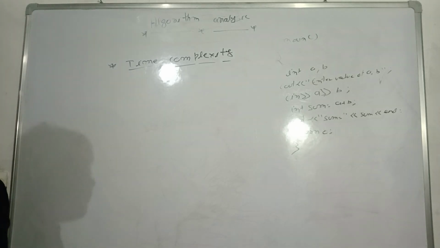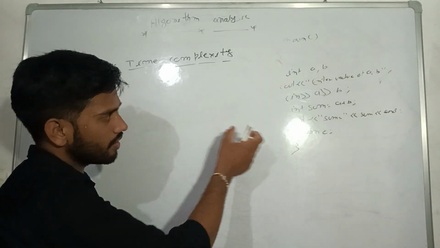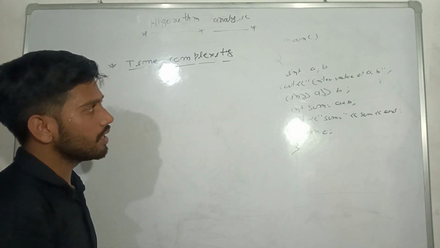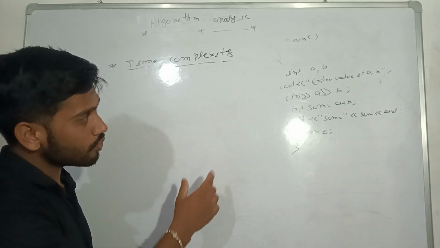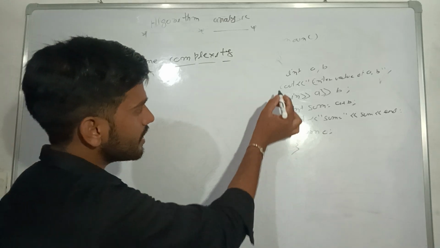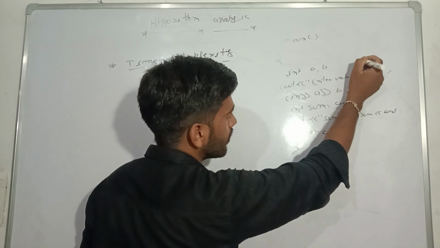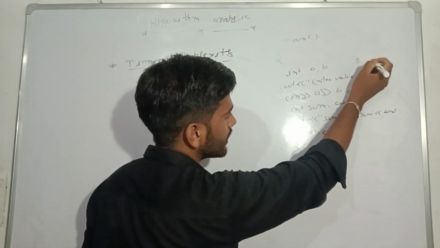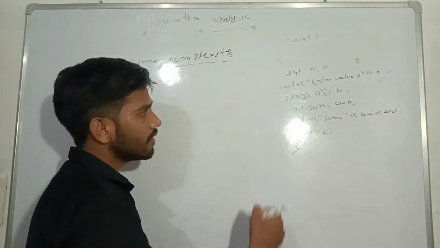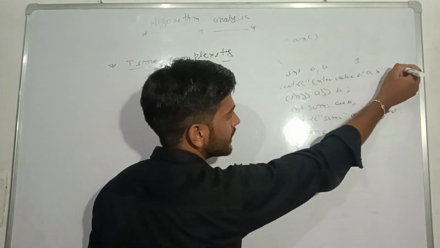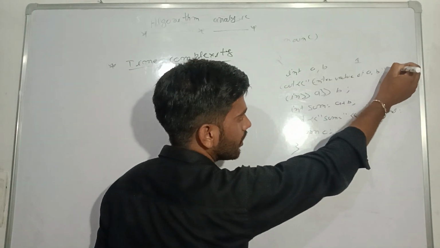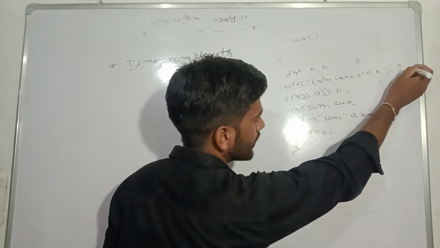Now suppose this is the code, and this instruction takes constant time 1, and this will take linear time.